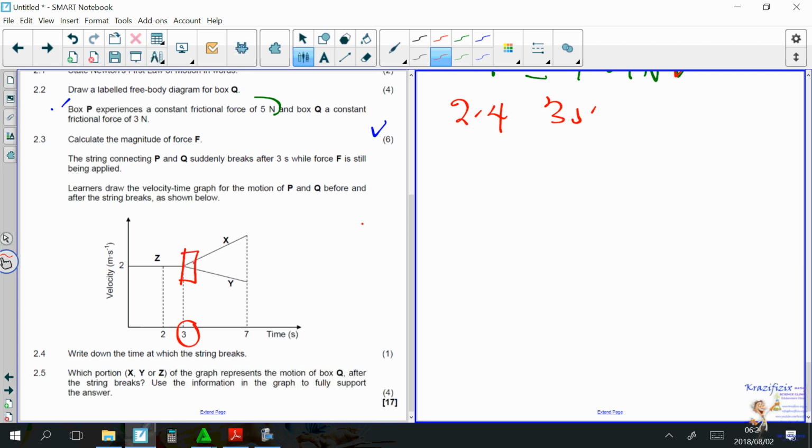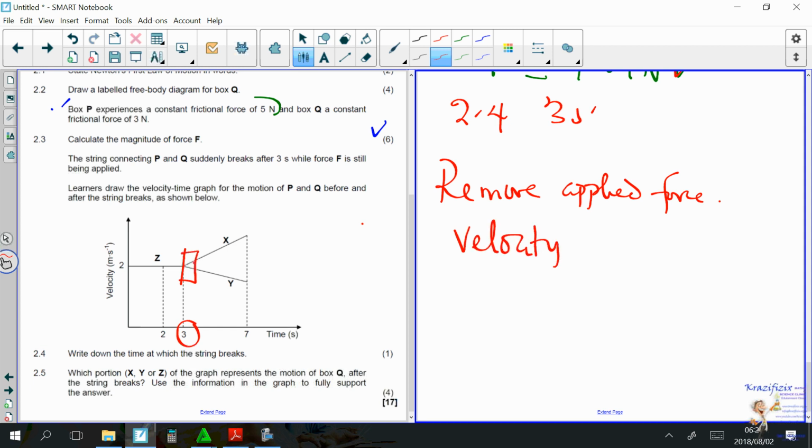Which portion X, Y, Z of the graph represents the motion of box Q after the string breaks? Guys, if we remove the applied force, automatically what happens? The velocity decreases. All right? Velocity decreases.